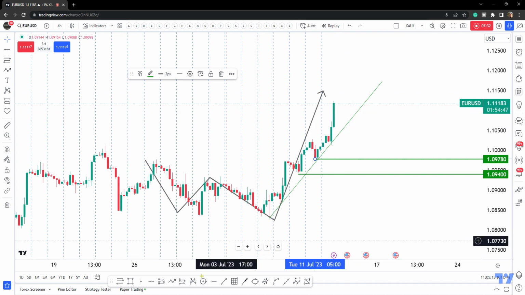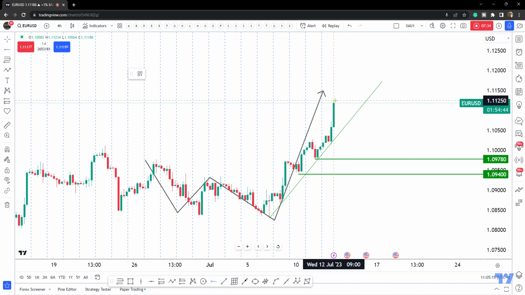And whatever's going to form at the time of correction.